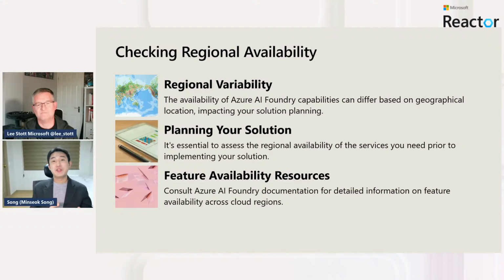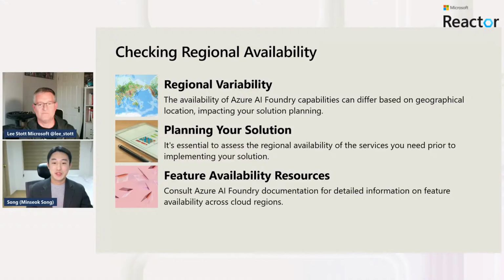So as part of planning your solution, always verify which services and capabilities are supported in your target region before you start development. To make this easier, Azure provides feature availability resources, including detailed documentation that shows how Foundry features are accessible across different cloud regions. This will save you a lot of time and avoid surprises later when you're trying to deploy your Azure AI solutions.